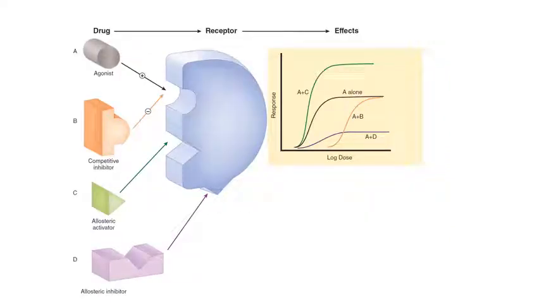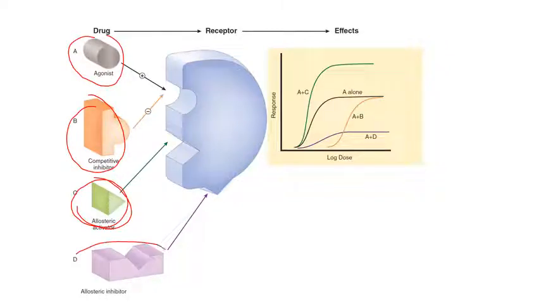This figure shows the places where each of the drugs can bind to a receptor. So this is a full agonist, this is competitive antagonist, this is allosteric activator, and this is allosteric inhibitor.